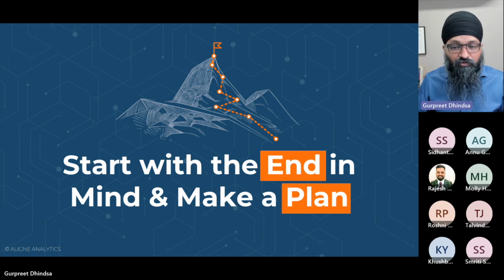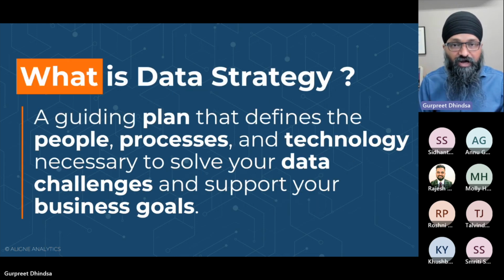Let's look at more of a formal definition of data strategy. So data strategy basically is a guiding plan that defines the people, the processes, and technology that is necessary to solve data challenges and support your business goals. So three key pillars there: people, processes, technology. Everything has to be set up correctly, aligned well with each other in order to give us the insights that will help us solve our data challenges and also support our business goals.